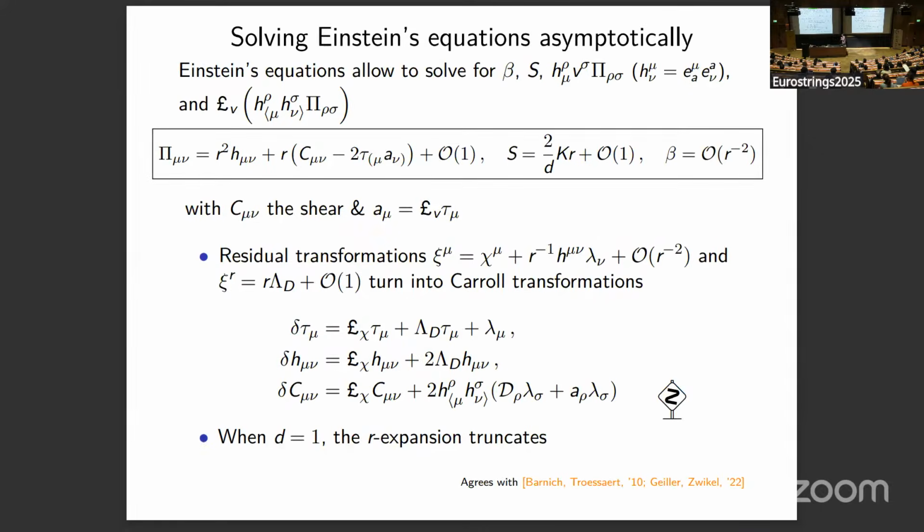Now, if we solve Einstein's equations order by order in R, what we find is the following. So the expansion looks like this. At leading order, we already knew from the Penrose construction, we get the Carrollian ruler. At the next to leading order, we get this C, which is the shear.